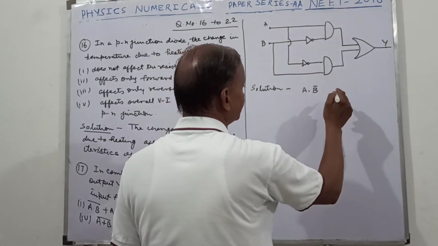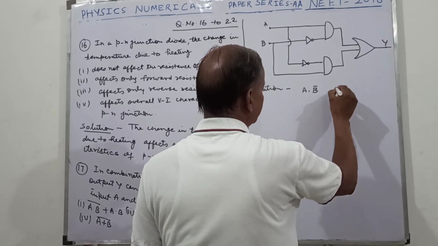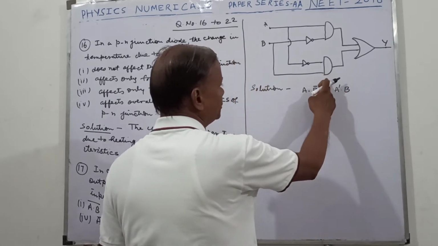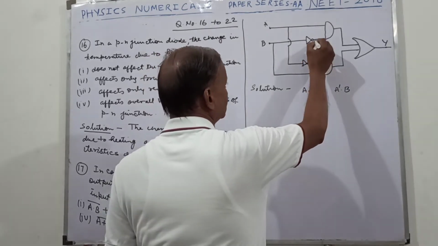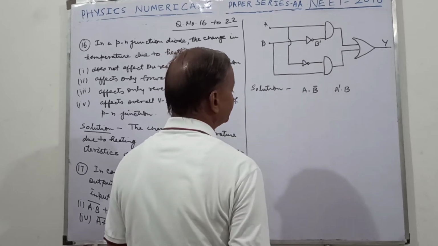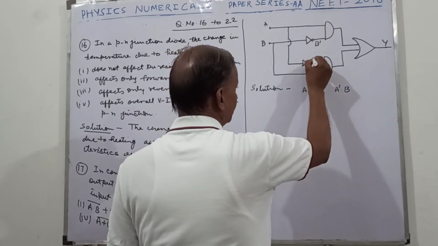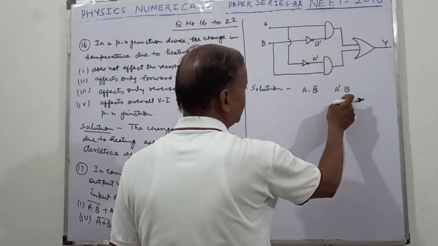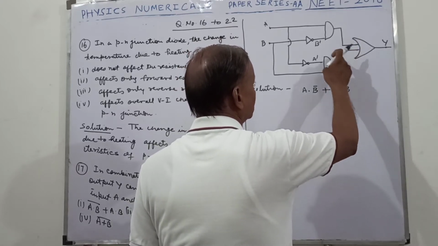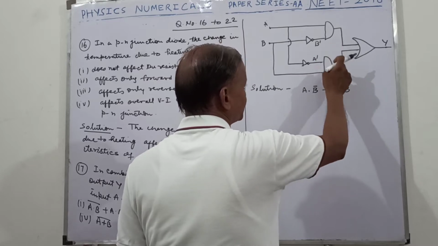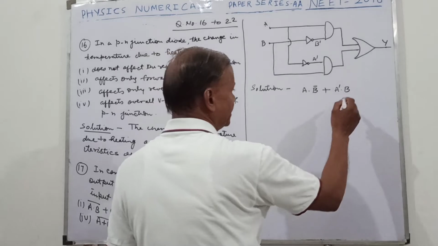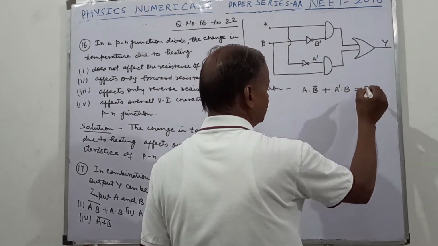And then to this we have A bar dot B. This is A bar, this is your B, and then we add. The output of these two gates will be the input of this OR gate, and then we get Y.